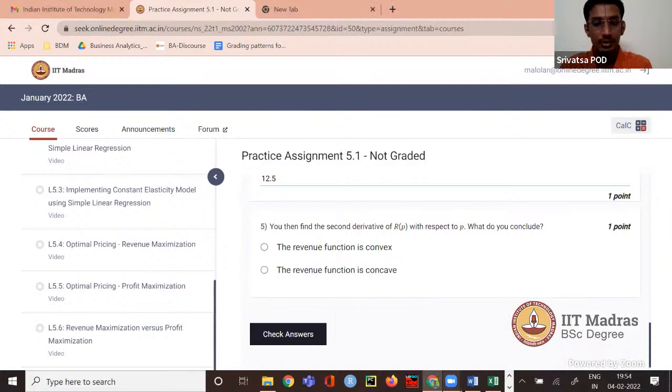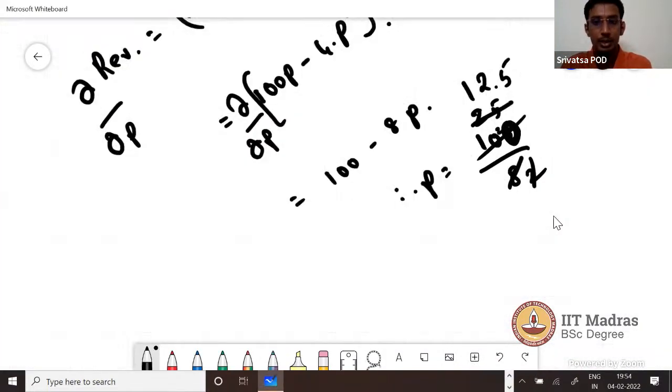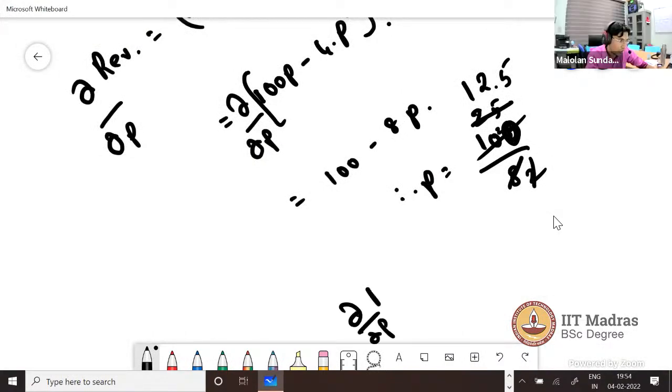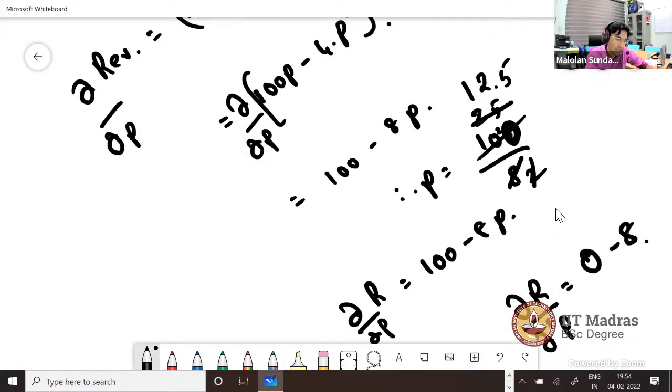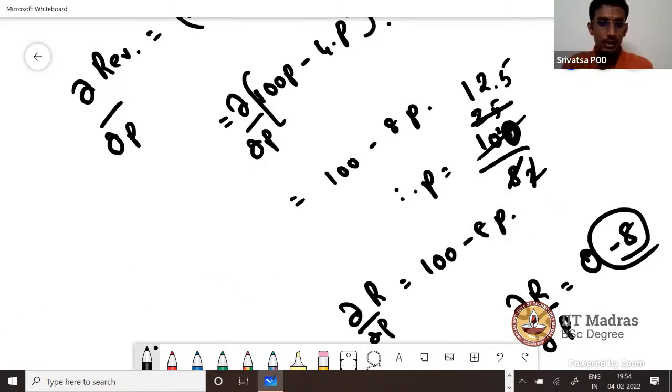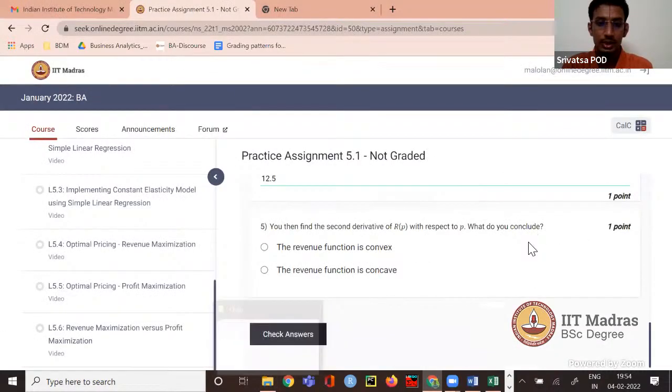You had 100 minus 8P as the first derivative, so the derivative of R with respect to P is 100 minus 8P. The second derivative will be 0 minus 8, so you get a minus 8. Therefore, you conclude that the revenue function is concave.